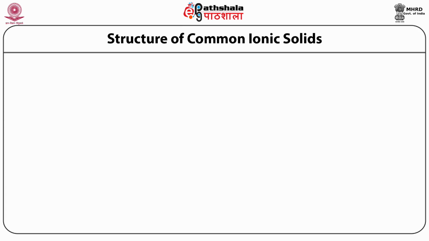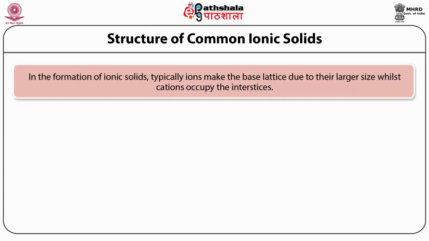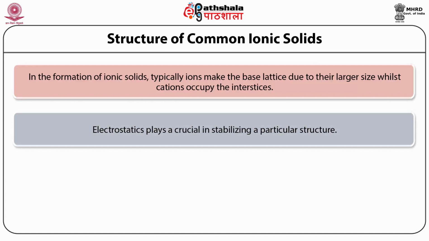Structure of common ionic solids. In the formation of ionic solids, typically anions make the base lattice due to their larger size, whilst cations occupy the interstices. Electrostatics plays a crucial role in stabilizing a particular structure.